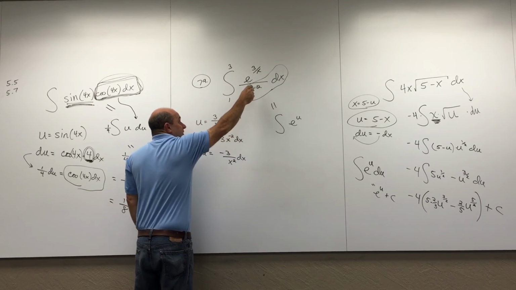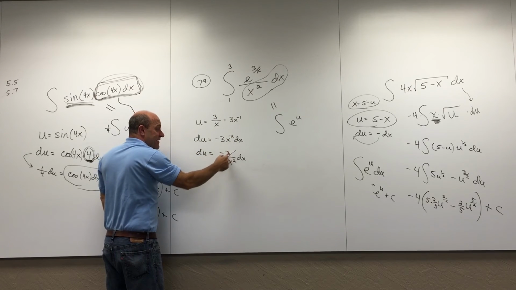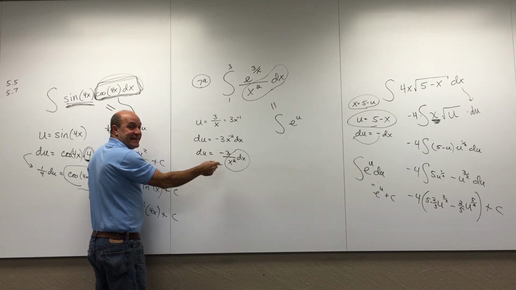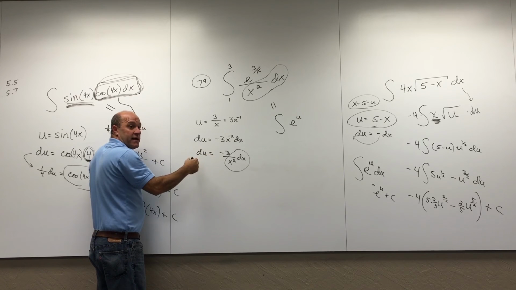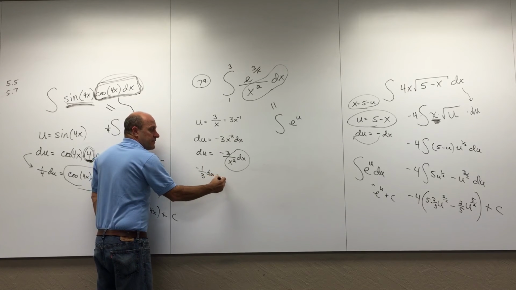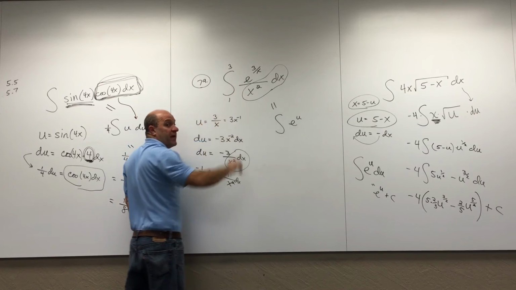Do you see a dx over x squared over here? So I could replace that with this. This negative 3 is in my way, though. What should I do with that? Divide by it. So negative 1/3 du is 1 over x squared dx, and that's what I see up there.